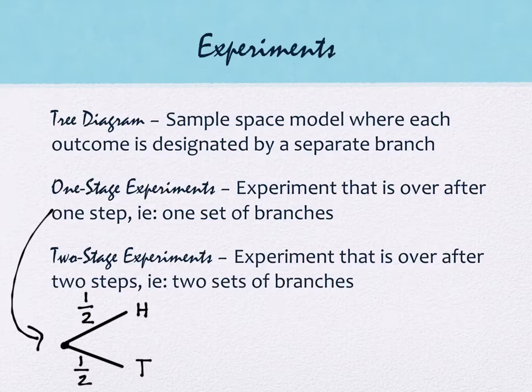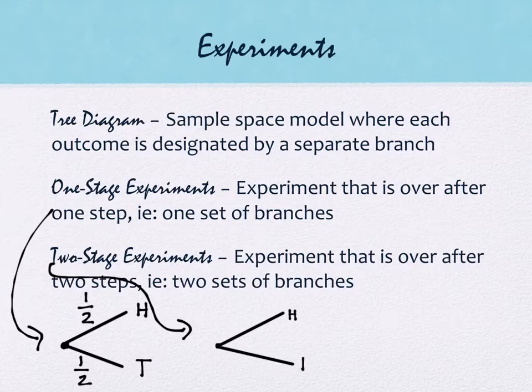Now, a 2-stage experiment is an experiment that's over after 2 steps. So in the case that I've got on my board right here, this would be like flipping a coin twice. Okay? So if we were flipping a coin twice, I'm going to show you what it looks like in comparison. We would start out with a dot, and we would write our heads and our tails, and we would write our 1/2 and 1/2.